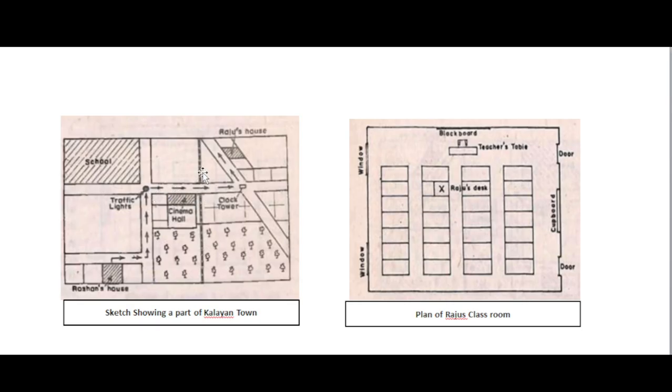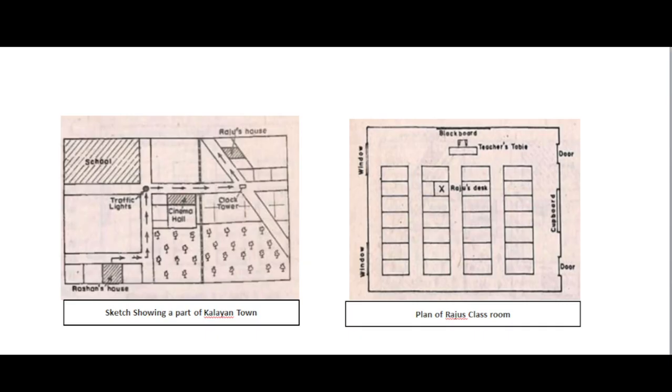Okay, so this is the railway overbridge. When you reach the clock tower, turn left. This is the clock tower, turn left and keep going on. After some distance you will find the gate of my house on your right.